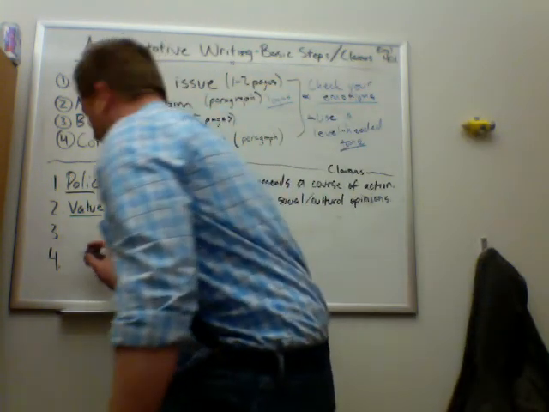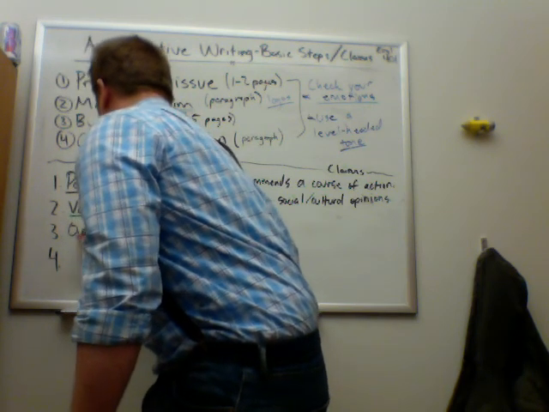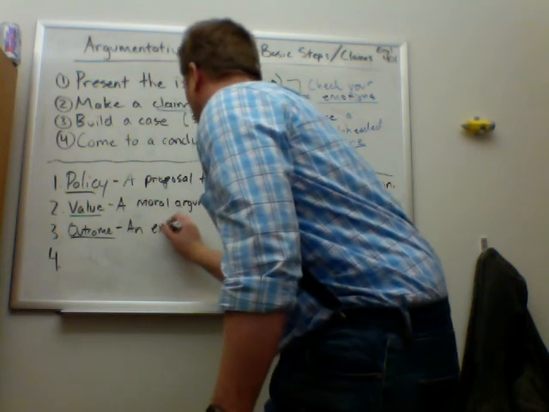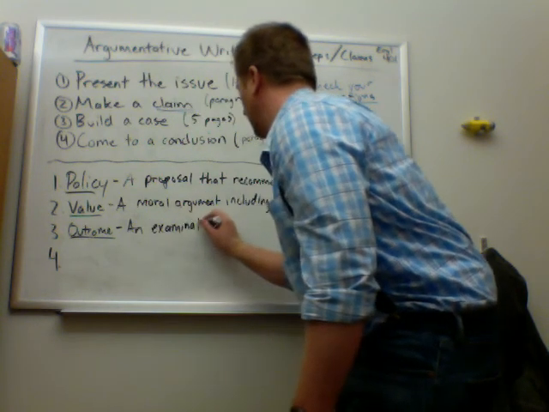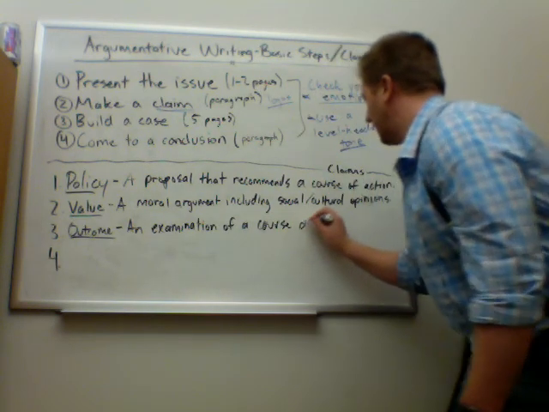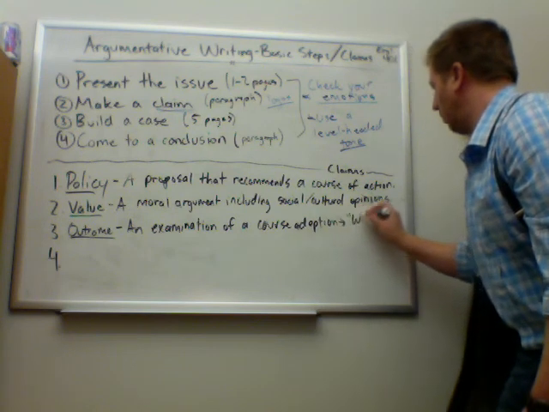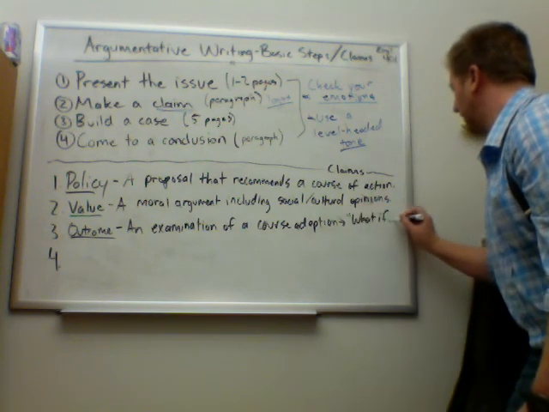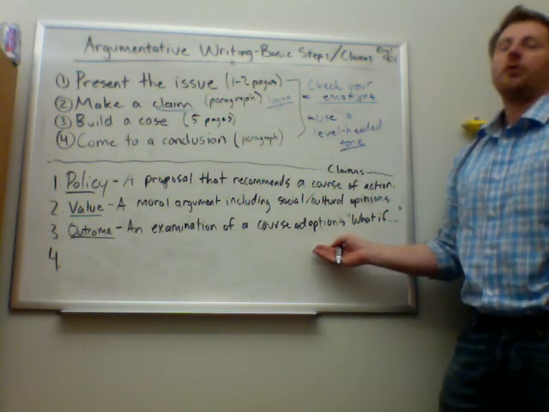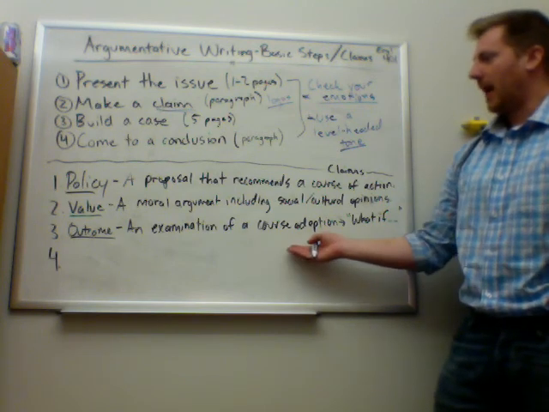Another kind of claim you can have is an outcome-based claim. Okay, outcome-based claims. This is an examination of a course adoption. What does that mean? That sort of is like saying, what if? What if we did this? For those of you who got papers that are like, we should lower the drinking age, or we should legalize marijuana federally, okay? That is an outcome-based claim.